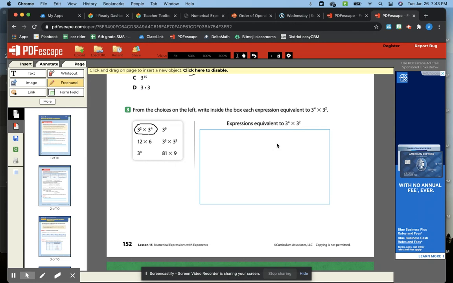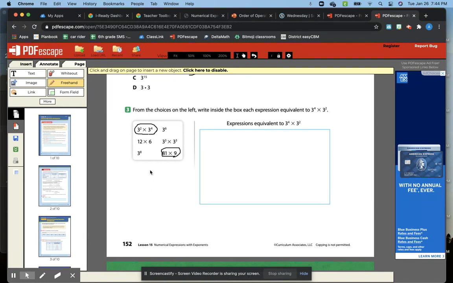We know that 3 times 3 is 9, and then 9 times 3 is 27, times 3 is 81. 3 times 3 is 9, 9 times 3 is 27, and then 27 times 3 is 81. So this would be an equivalent one because they just solved it out.